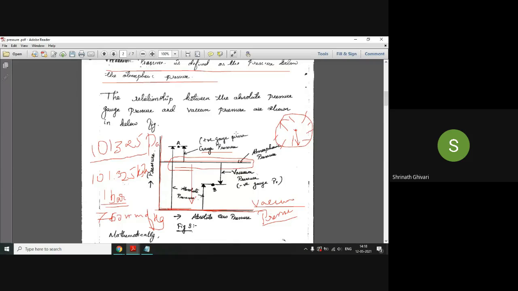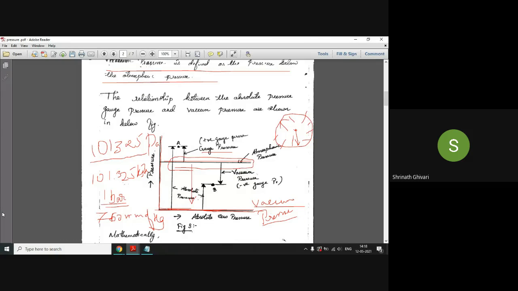If your tire gets punctured, the air will come out and it will maintain equilibrium between the inside of the tire and the outside atmospheric pressure. So the pressure has to be more than the atmospheric pressure. So that is your gauge pressure.